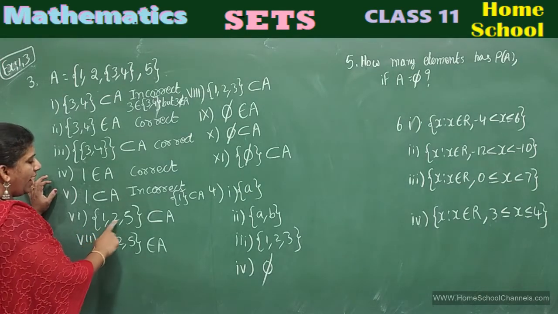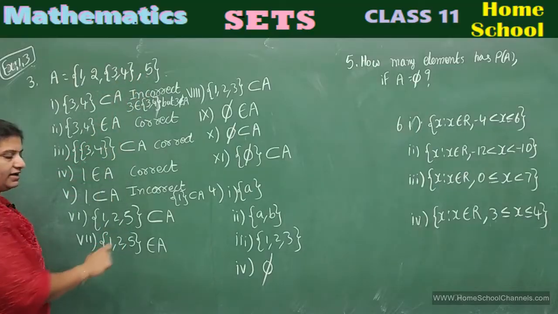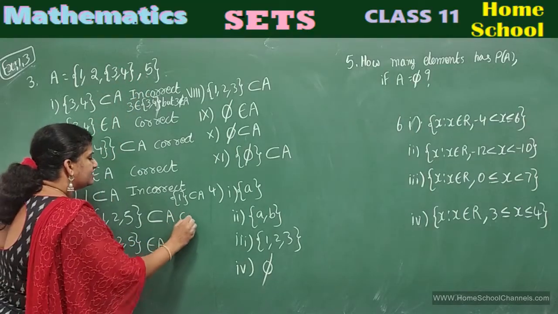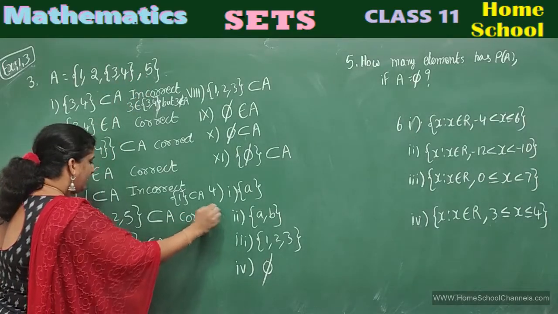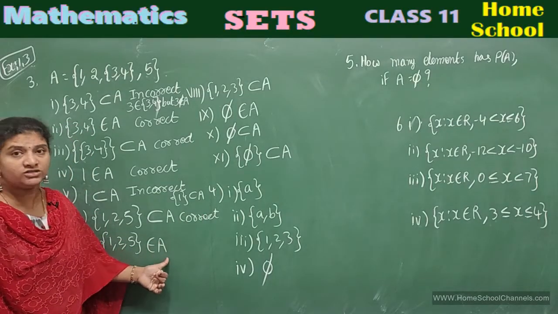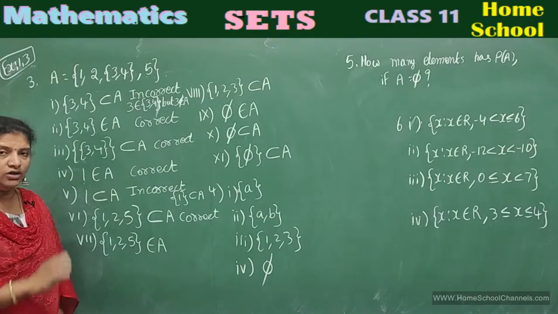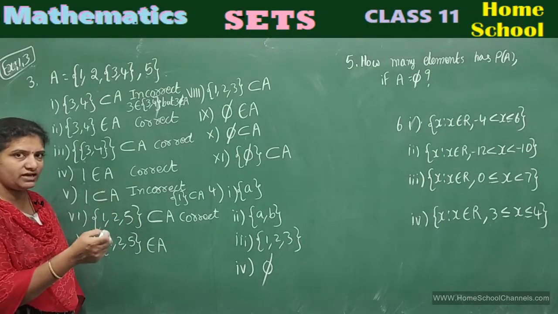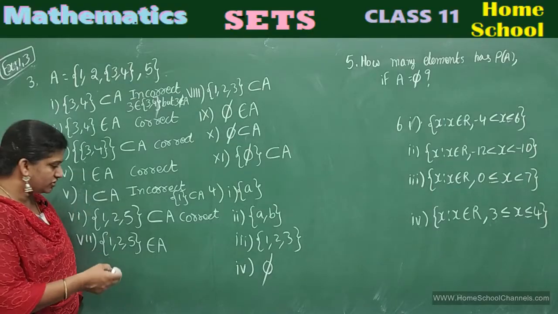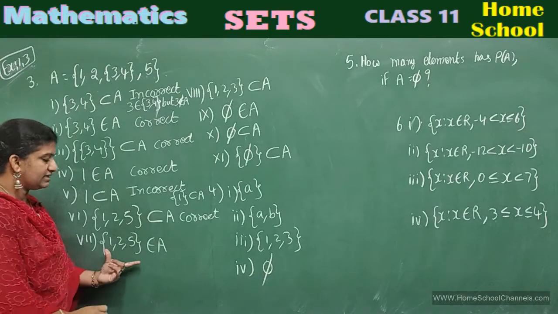Sixth one: the set {1, 2, 5} is a subset of A. Yes, correct. Next, the seventh one: {1, 2, 5} belongs to A. Does the set {1, 2, 5} belong to A? No, either way you can say the elements: 1 belongs to A, 2 belongs to A, 5 belongs to A. See here, {1, 2, 5} is a set.